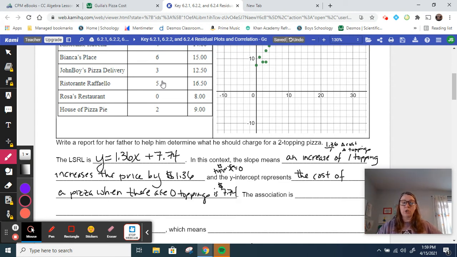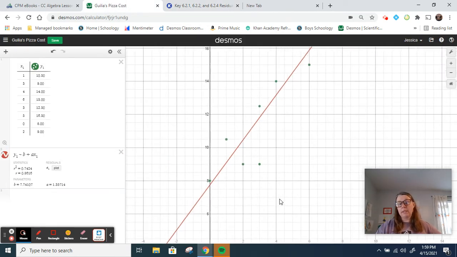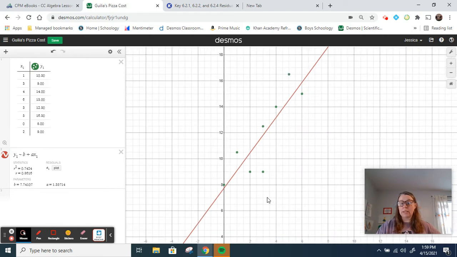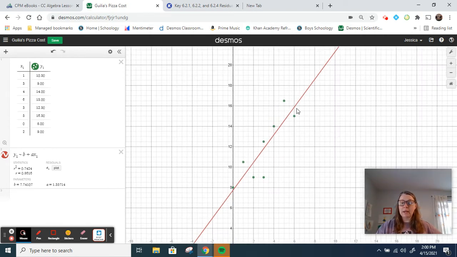All right, association. It might be more helpful to look at this graph here. So for the association, does it seem positive? Does it seem negative? Does it seem strong? Does it seem weak? Does it seem moderate? So it does seem positive. The points aren't super close to the line, so I might say moderate, positive, linear.